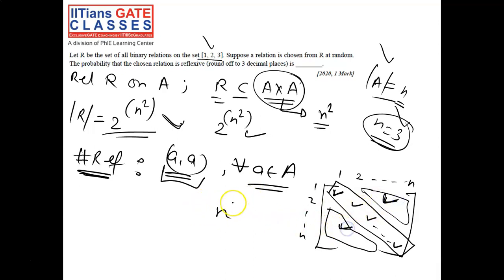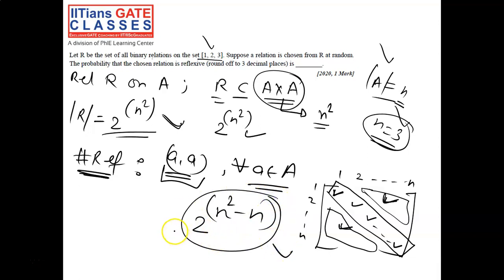How many remaining elements are there? The elements other than those on the diagonal. We have n square minus n remaining elements, and each of these has two choices, so finally we can make 2 power (n square minus n) reflexive relations.